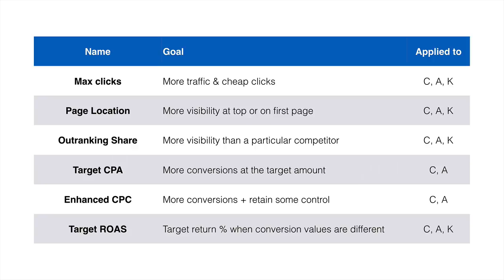Target CPA, you're telling Google to get you more conversions at that target CPA amount. Enhanced CPC, Google's going to just raise and lower your bids, but you still retain some control because you still get to set that base bid. And target ROAS, which stands for return on ad spend, particularly useful when your conversion values are different.